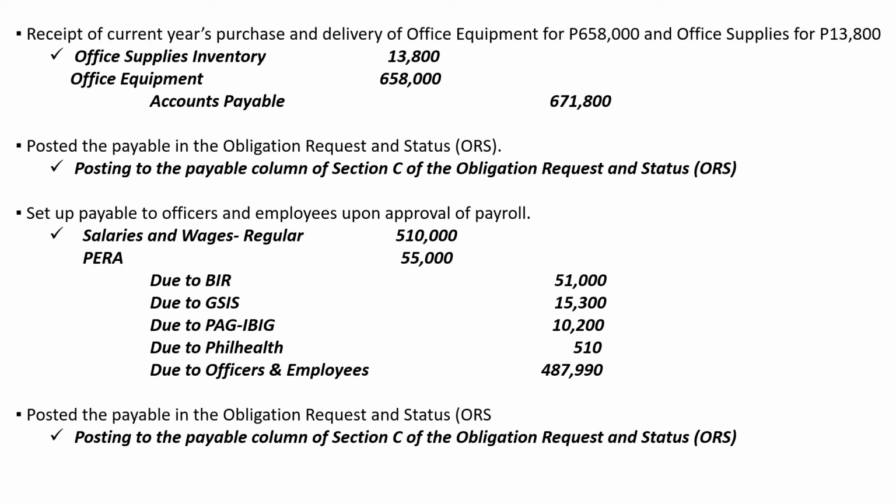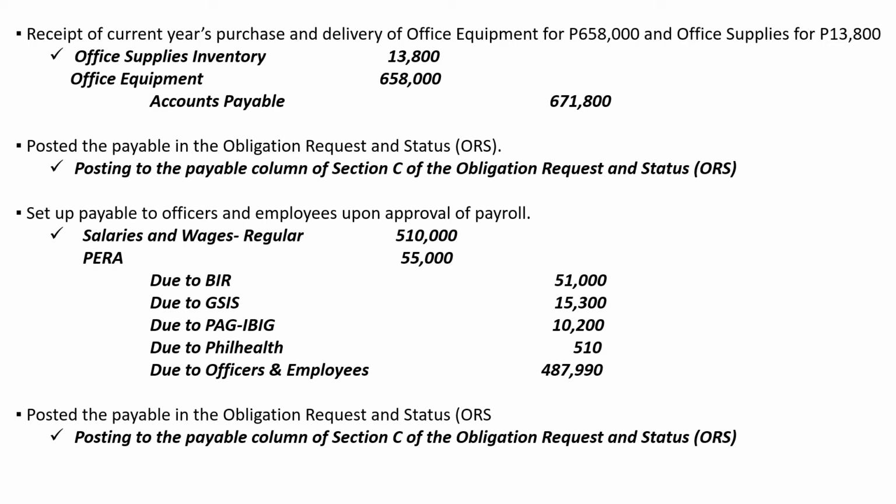Then next, we set up payable to officers and employees upon approval of payroll. So we debit salaries and wages regular, 510,000. We debit PERA, which stands for Personal Economic Relief Allowance, 55,000.